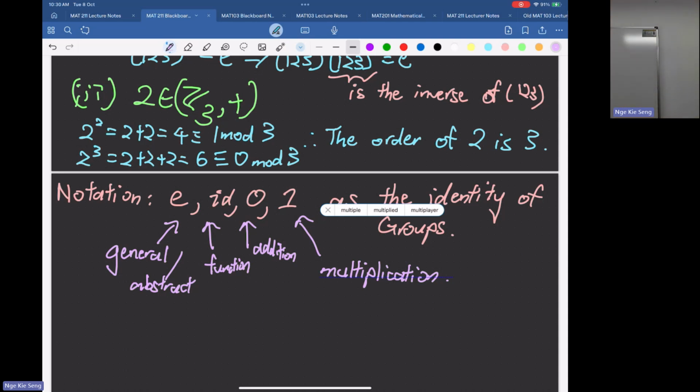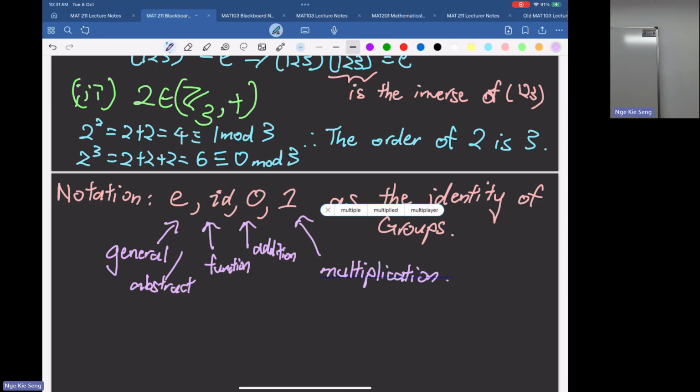So usually when I write the identity as 1, you think that the group should somehow multiply together, some multiplication. If I use 0 for that group as an identity, then you should think that the operation looks like addition. And if I write identity, you'll think that this is not a number already. Maybe it's a function or something else in this group.